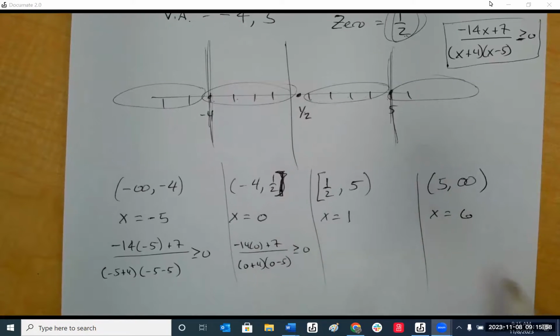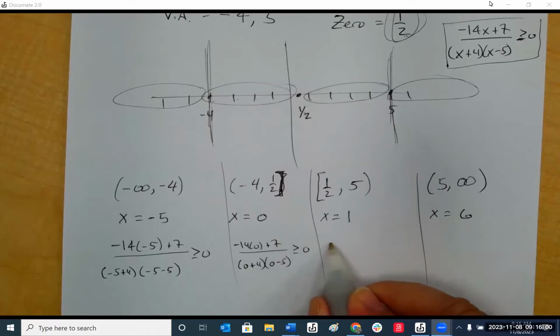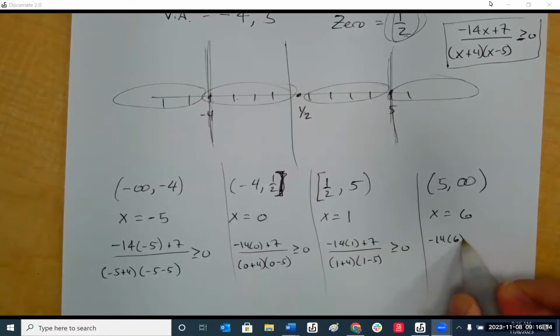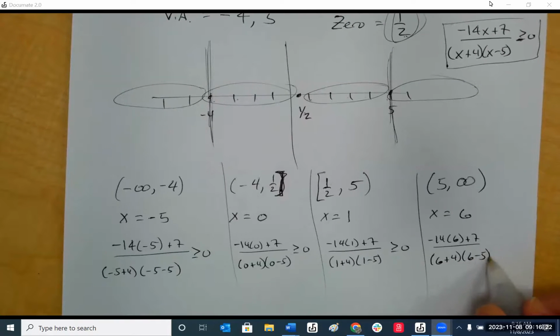Is it positive? Negative 14 times 1 plus 7, over 1 plus 4, 1 minus 5. Negative 14 times 6 plus 7, over 6 plus 4, 6 minus 5.